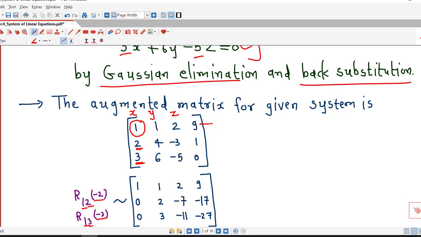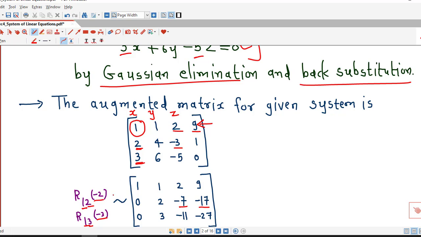So the first row remains as it is, 1, 1, 2, 9, and here we multiply the first row by minus 2 and add. So minus 2 plus 2, 0, minus 2 plus 4, which is 2, 2 into minus 2, which is minus 4, and minus 3, which is minus 7, 9 into minus 2, which is minus 18, plus 1, so we have minus 17.